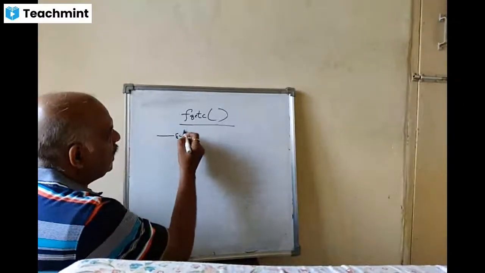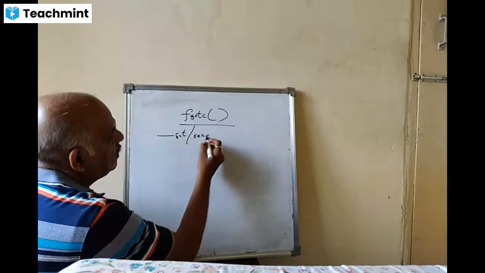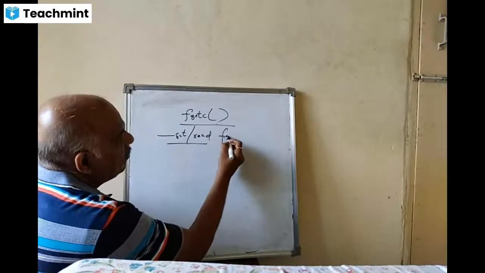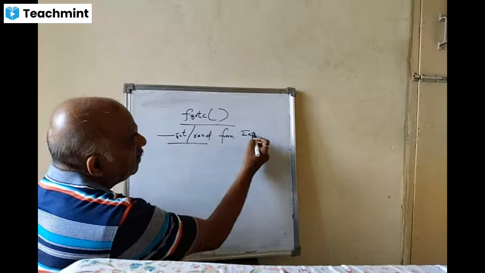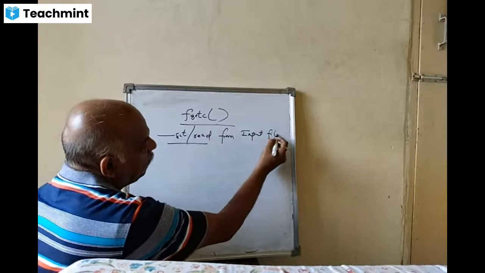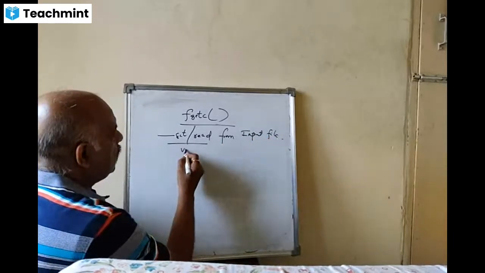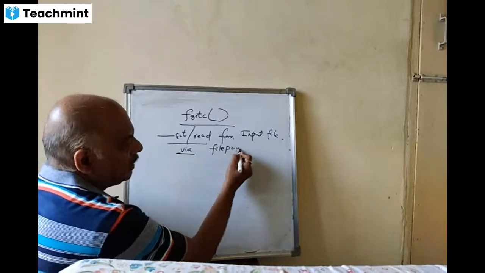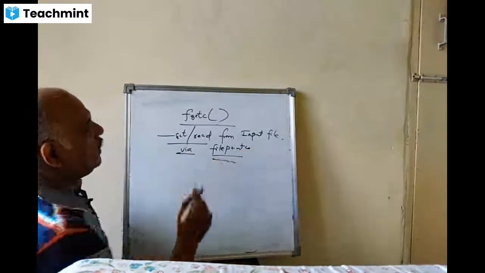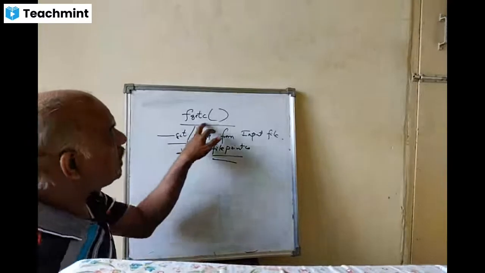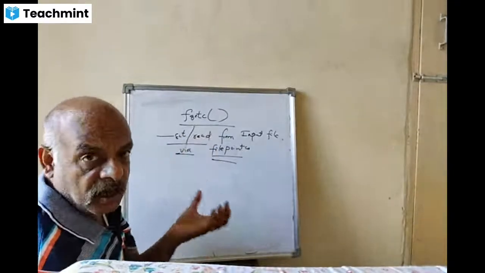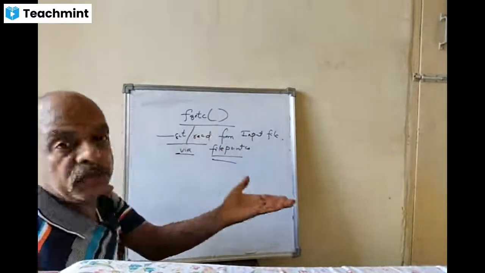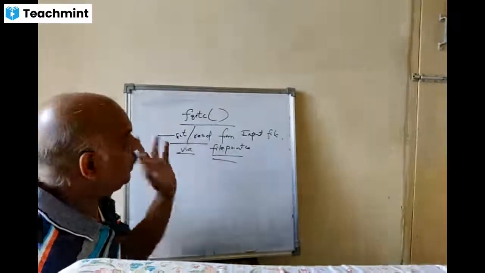So fgetc is what? It is to get or read from the input file through the file pointer. So the fgetc function is to read a character from the input file through the file pointer.